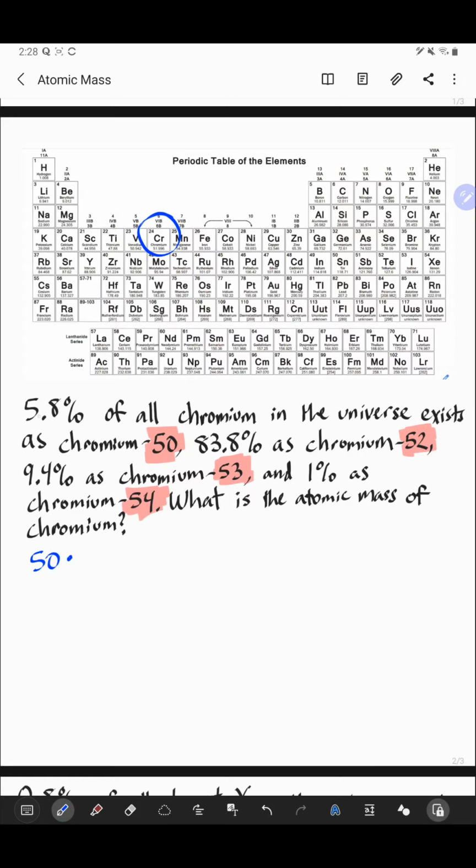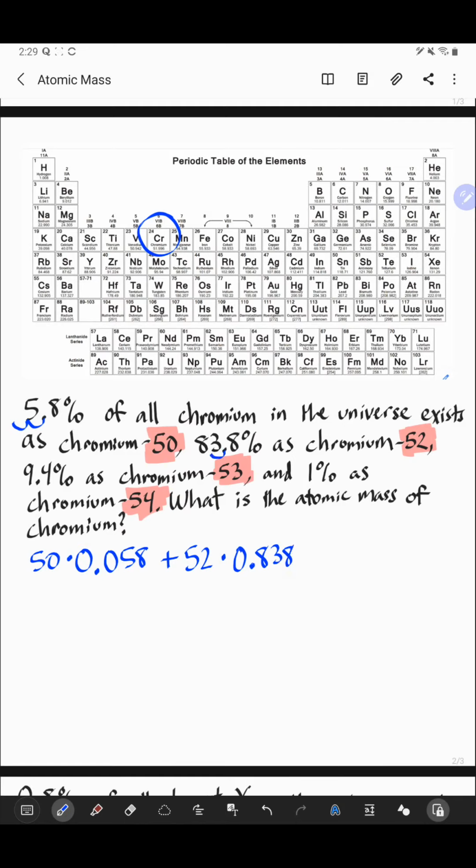How can we do that? We're going to just move the decimal over 2 spots to the left. So 50 times 0.058. Then we're going to add the next one. We've got 52 times 0.838.